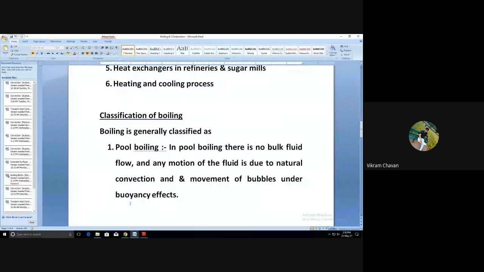In that, write down, in pool boiling, there is no bulk fluid flow.